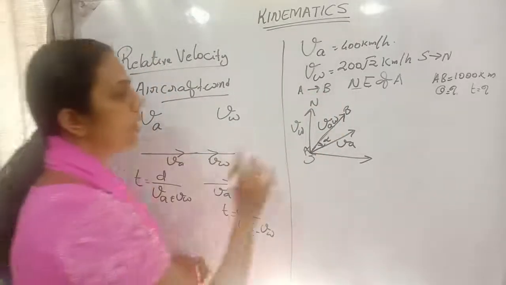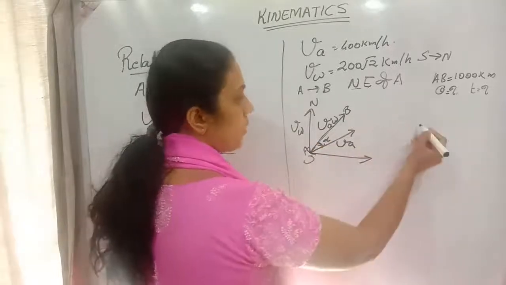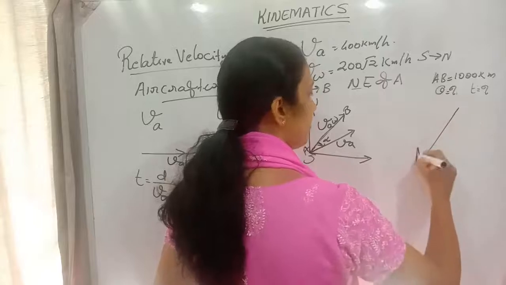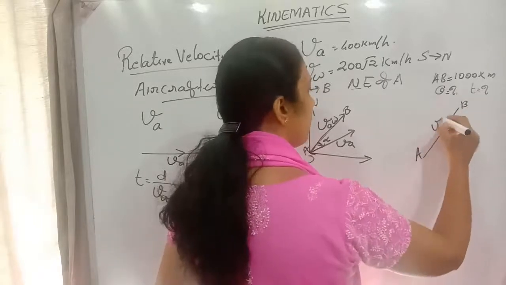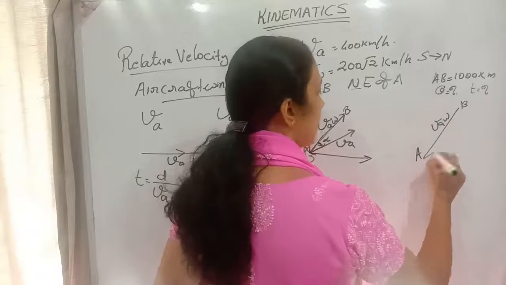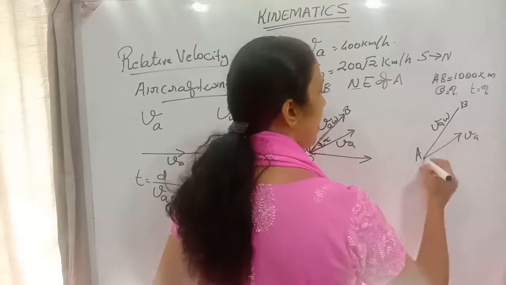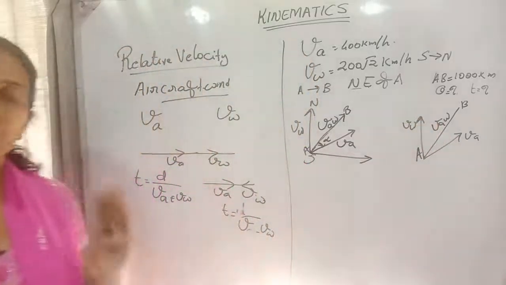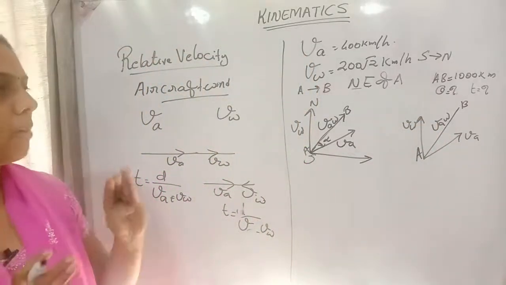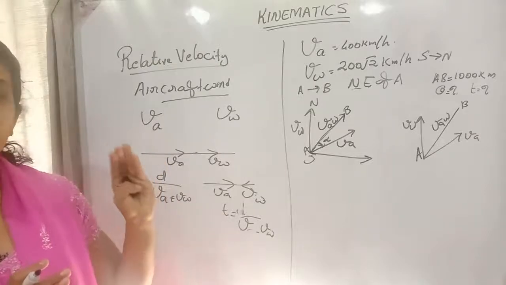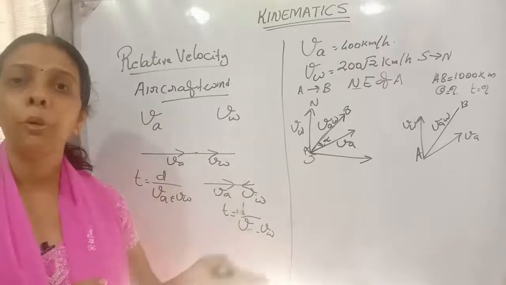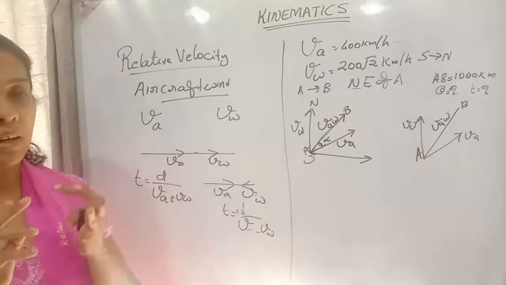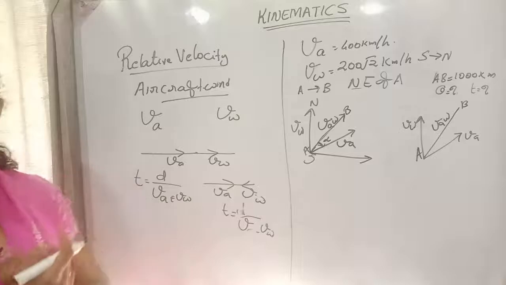Clear? So now I am going to redraw this over here. This is AB, VAW, and this is VA, and this is VW. The first thing we need to do is draw the corresponding components of the speed of air, speed of wind and speed of aircraft.